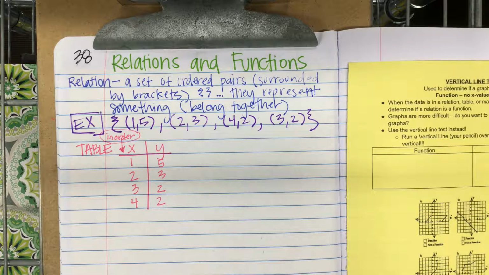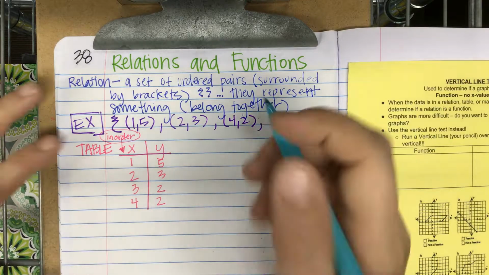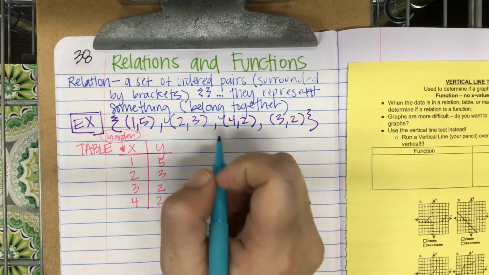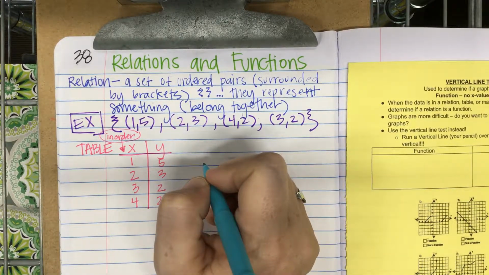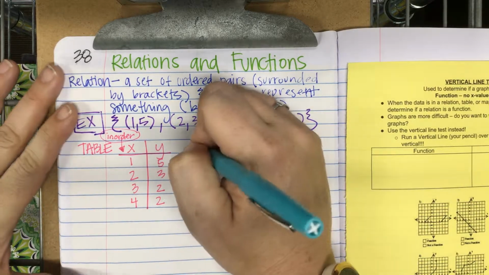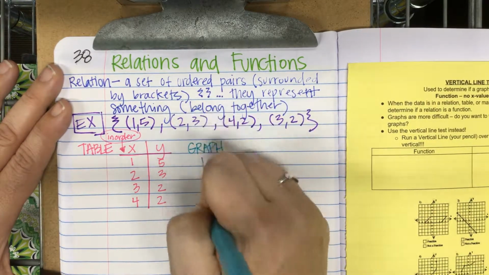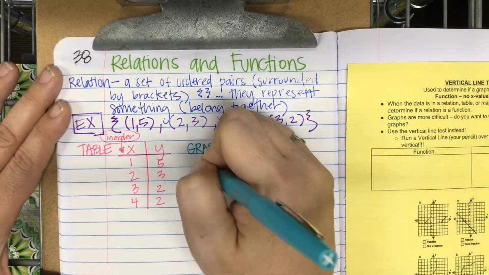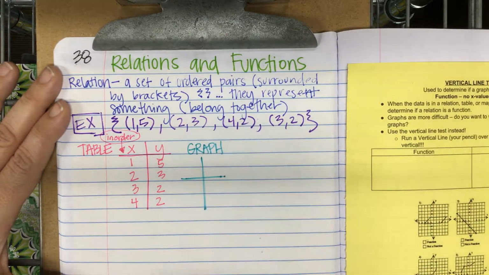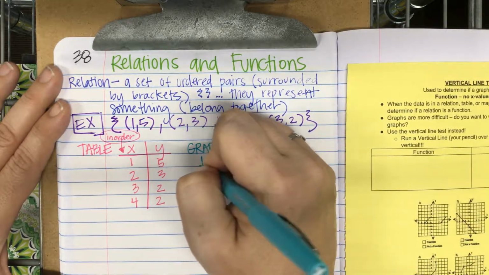You could also put a relation, I could say, could you graph this? But hopefully I don't have to spend my time showing you how to graph it, right? I'm not going to make it a beautiful graph. But 1, 1, 2, 3, 4, 5.